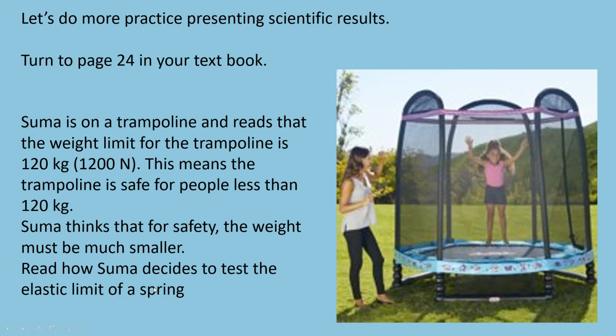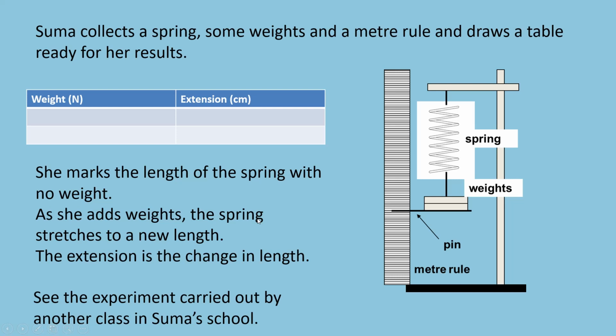Let's see how Suma decided to test the elastic limit of a spring. She chose a spring. So Suma collects a spring, some weights, and a meter ruler, and draws a table ready for her results. She's going to measure the weight and the extension. What is the extension?